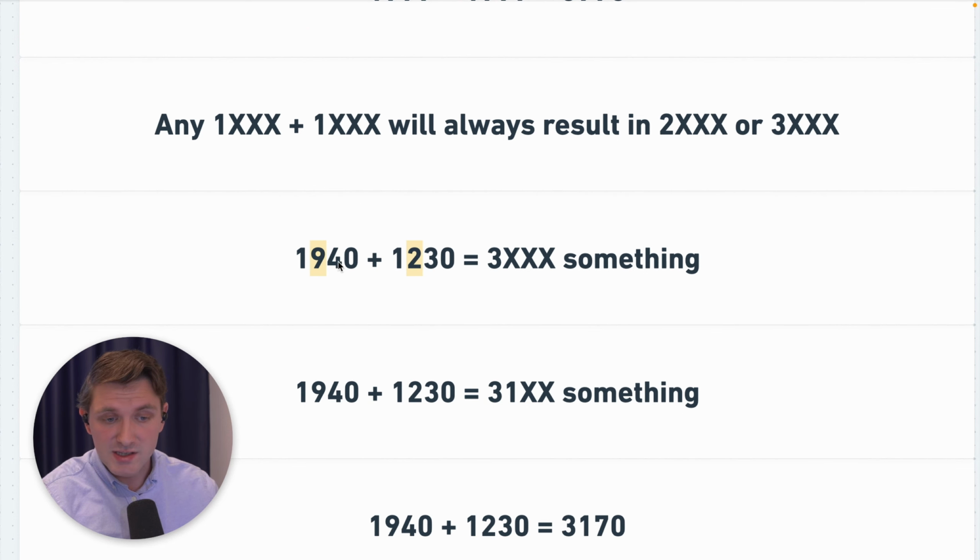So 1940 plus 1230. Because we look at the second number, we can say, oh, it will start with a 3. It will never be 4, but it will start with a 3, and it cannot be 2, because there will be a remainder there.